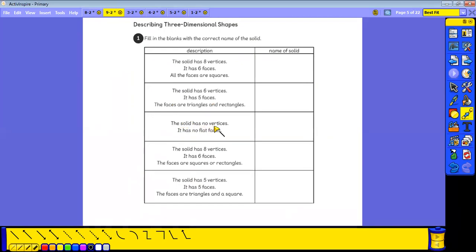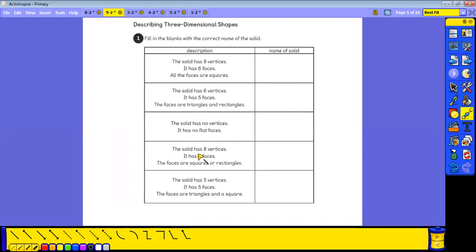The solid has no vertices and it has no flat faces. Okay, children, now some of the shapes are shapes we studied in our first lesson yesterday. Okay, so there's a big clue for you there.